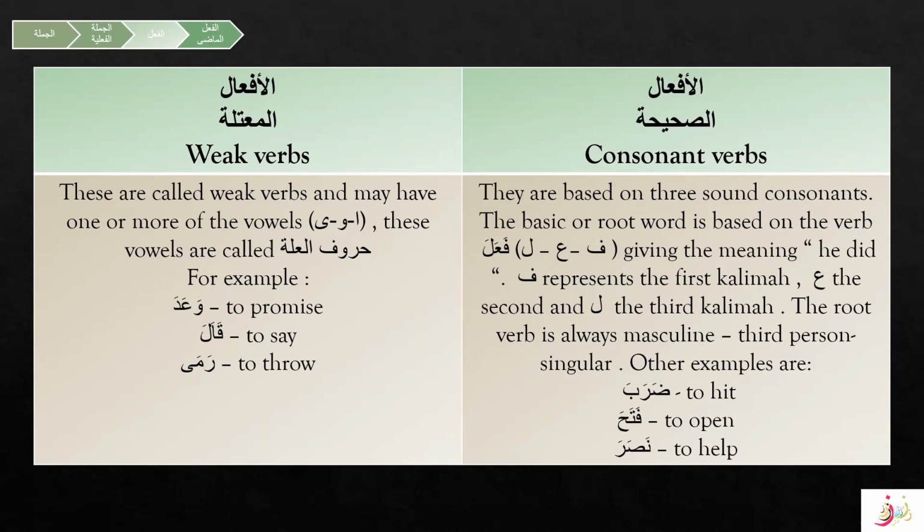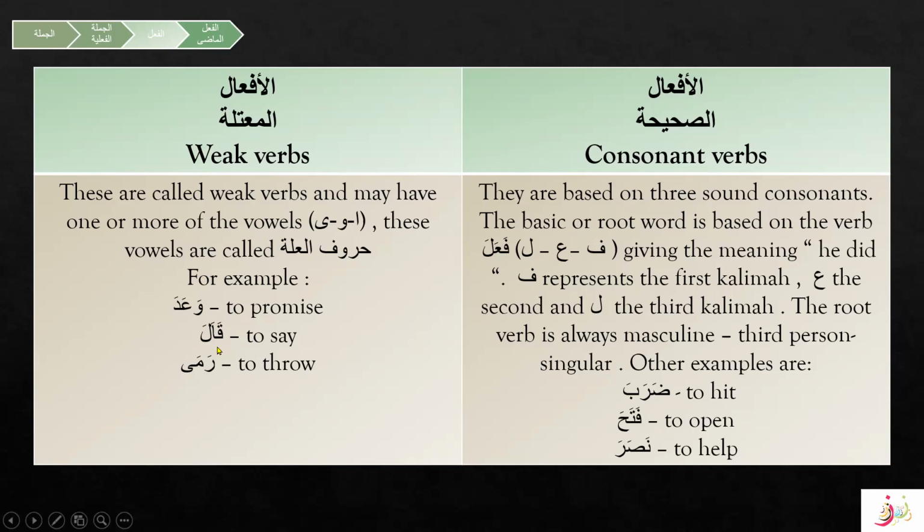For example, you can see here wa'ada, qala, and rama. They all have one harf illa inside them. In wa'ada, the first root letter, waw, is a harf illa. Wa'ada means to promise.